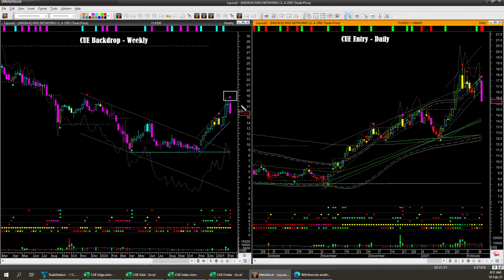Weekly headwind, backdrop, weekly shape, weekly pressure, weekly U-turn, weekly bear release, weekly reversal. In the weekly, we have 1, 2, 3, 4, 5, 6, 7 bearish signals. 7. In daily, how many?